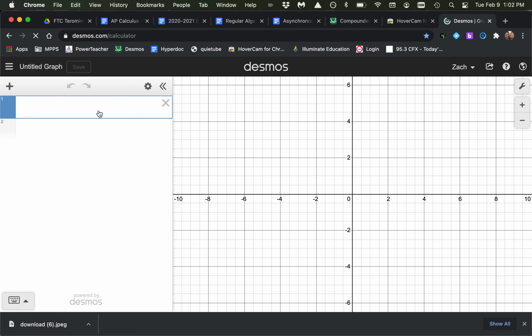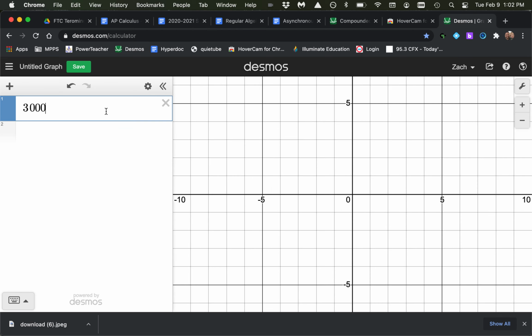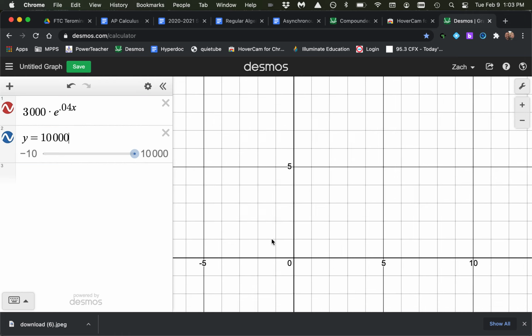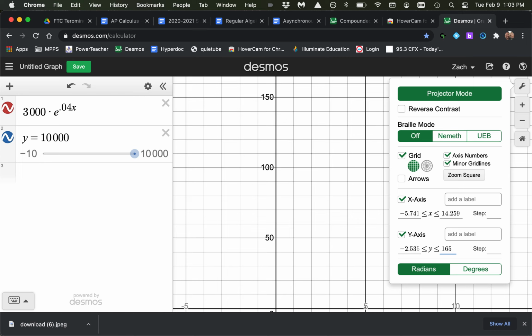Okay, and then we're going to graph 3,000 times e raised to the 0.04x, and we want to know when that graph crosses 10,000. Okay, so we need to look higher up on the y-axis here. Let's go up to, I don't know, 15,000 maybe, and we should be able to see it.